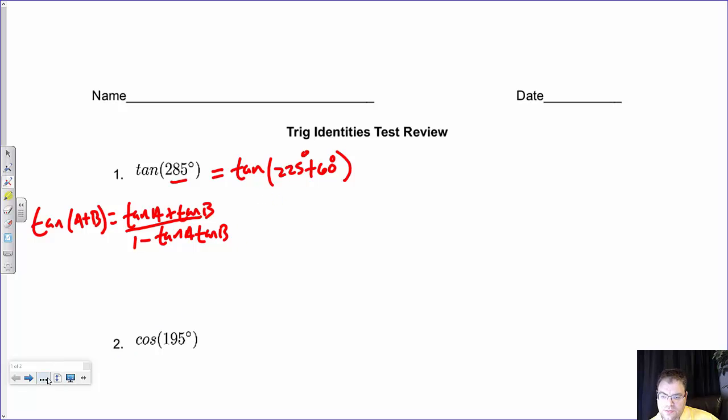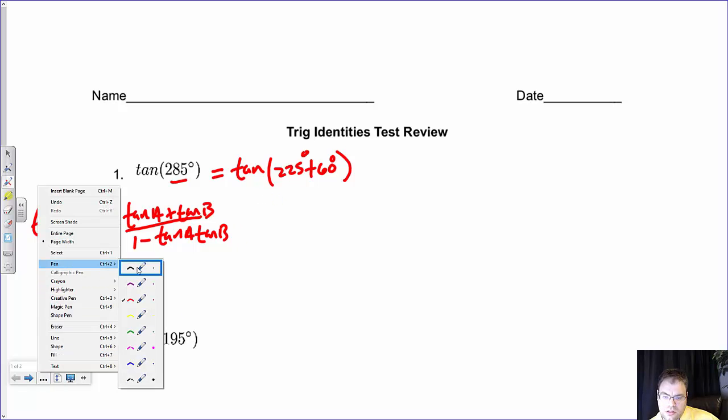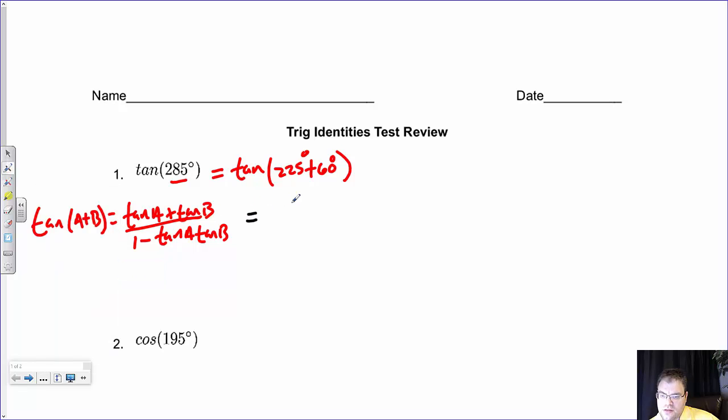So let's change my pen color and say, okay, that's going to equal the tangent of 225 plus the tangent of 60 over 1 minus the tangent of 225 times the tangent of 60.